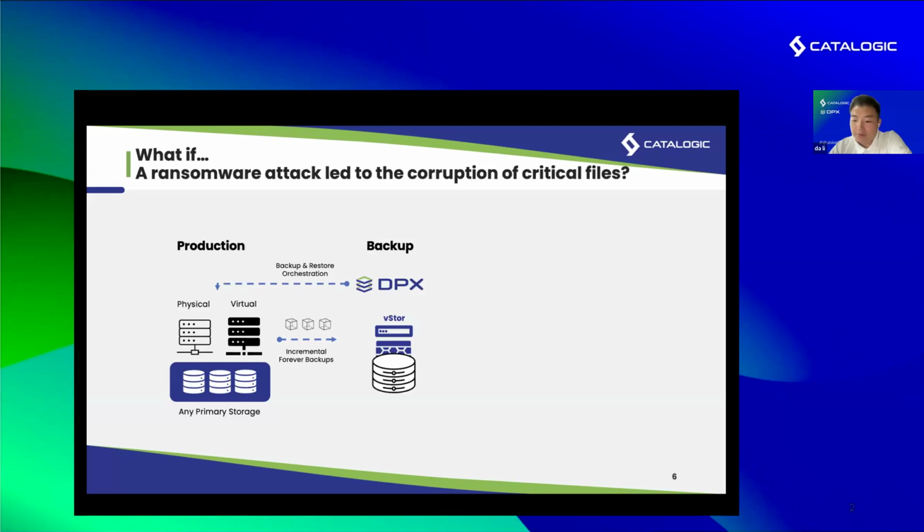Sometimes, we discuss vStore a lot, and a common concern for companies or our customers is the threat of ransomware attacks corrupting critical files. And in that case, the critical files are affected. My question is, how does our system actually access clean data to recover in time?